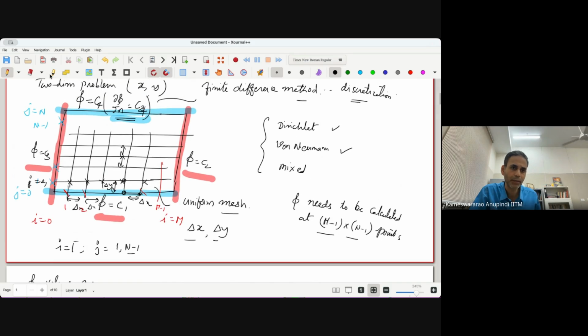That means I'm on the y-axis side, extending from j equals 1 to n minus 1, with i equals 1.